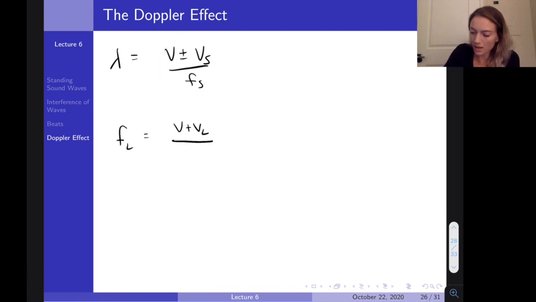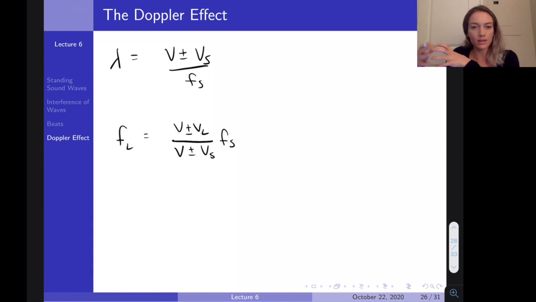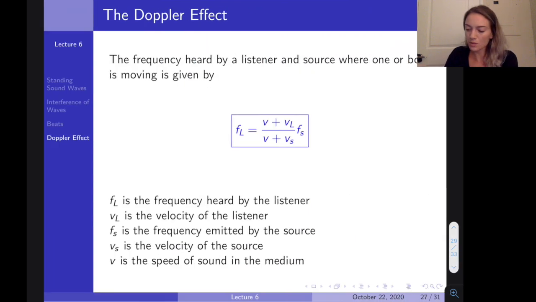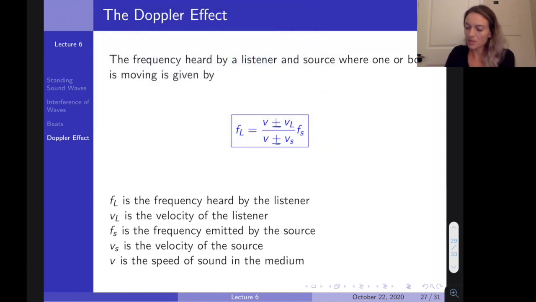So this will become V plus or minus Vs over Fs. And I can also put a minus here depending on if the listener is moving towards or away from the source. So this now is my Doppler effect for any case, no matter how the listener and source are moving relative to each other. These plus and minus signs will cover everything. So I rewrote it here, and I should actually just add in the plus or minus.